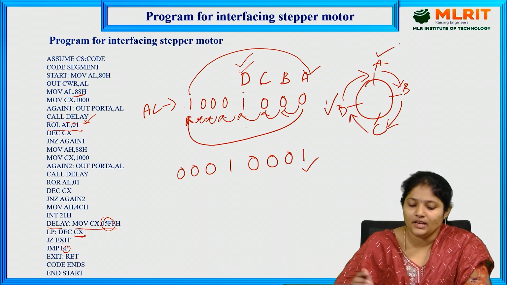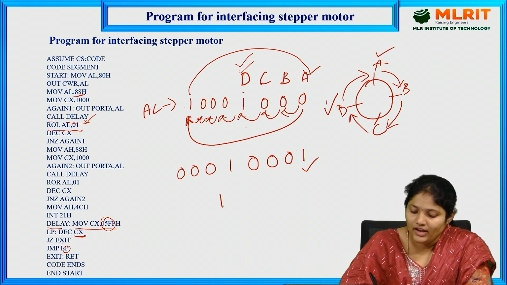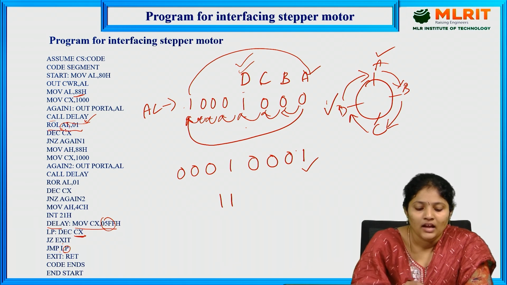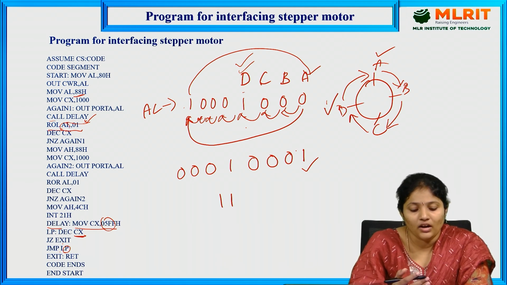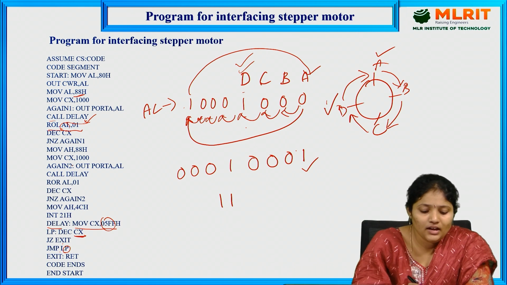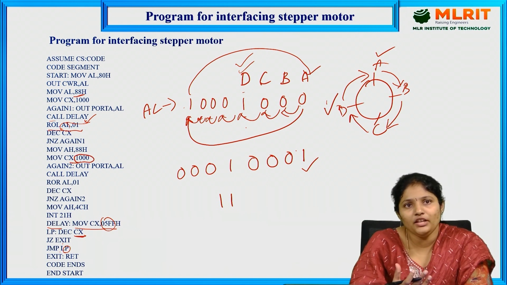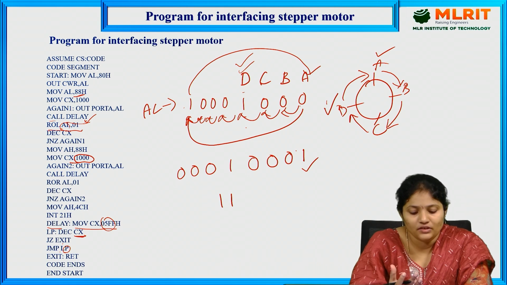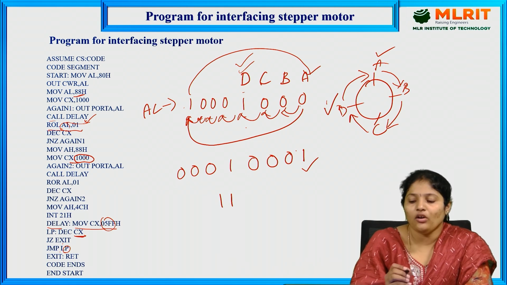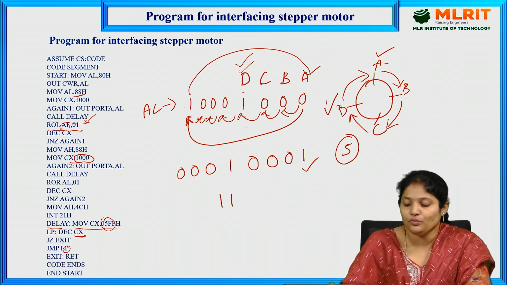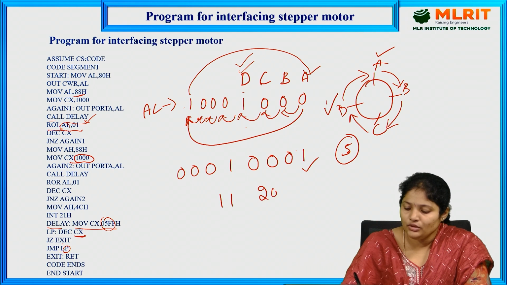Next, in the second position, what is the value? This value will again be rotated in the AL register until the count reaches 0. Here I have been using the CX register as 1000. Why? You know that the CX register is used for count purposes. Here they have mentioned that we need to move 5 rotations, 5 steps. I told you that there will be 200 rotor teeth.